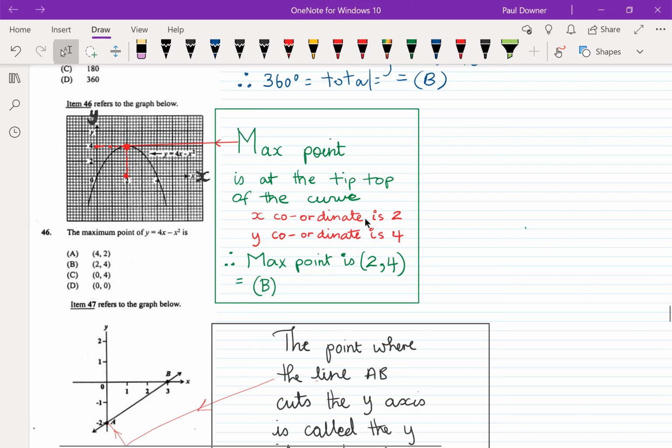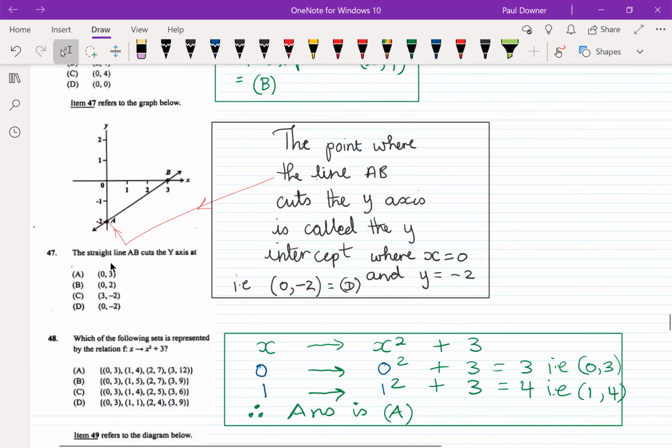So our x coordinate is 2. Our y coordinate to get to this point will be 2, 4, will be 4. So our y coordinate is 4. So the maximum point, which must state an x and a y coordinate, will be 2 for the x, 4 for the y, or the maximum point is 2, 4. So right here is going to be the point 2, 4. And that corresponds to answer B. 2, 4 is answer B.